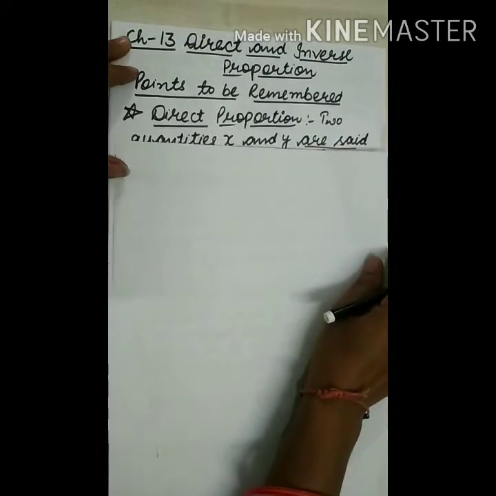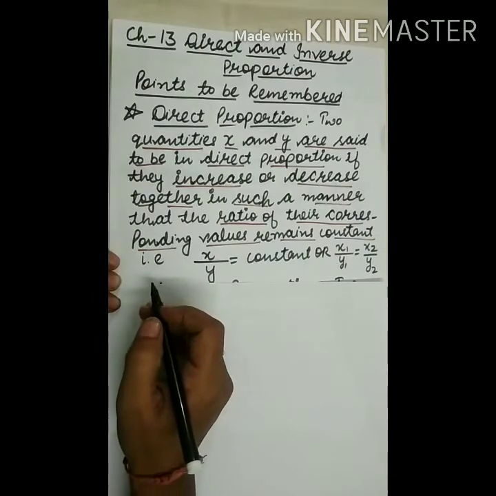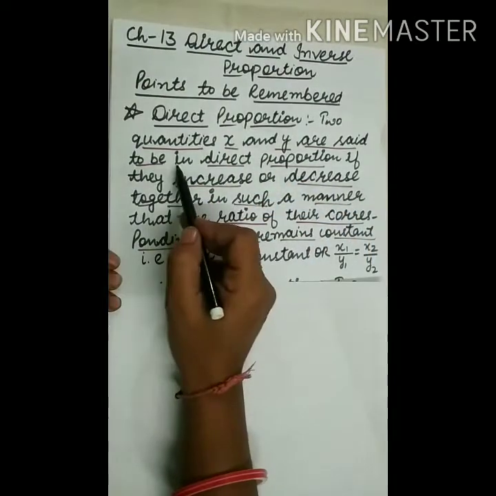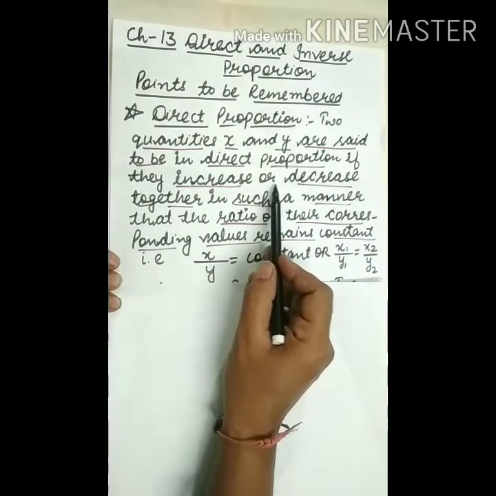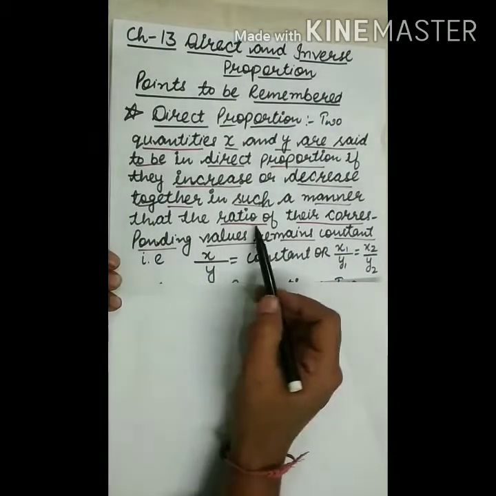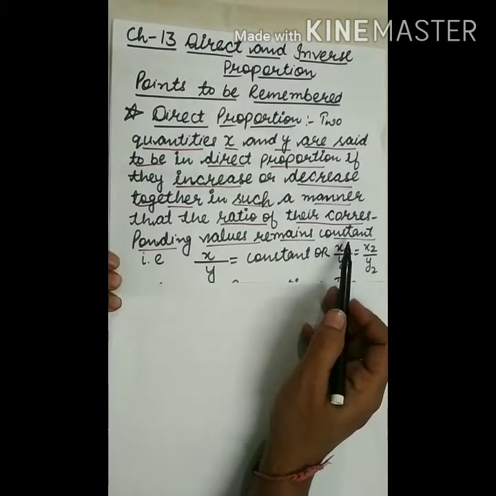The very first definition is direct proportion. Two quantities x and y are said to be in direct proportion if they increase or decrease together in such a manner that the ratio of their corresponding values remains constant.